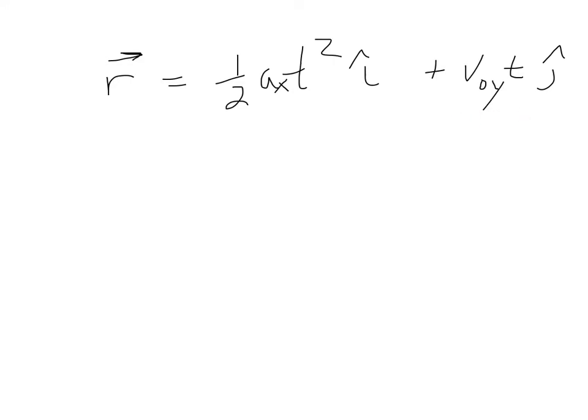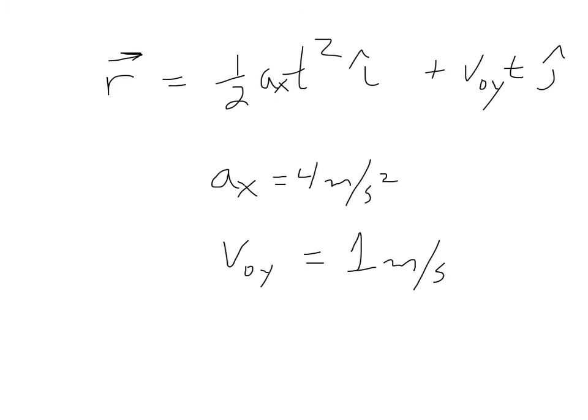In order to see what this motion might look like, let's add some numbers for the x acceleration and the y velocity. So let's say the object is moving with an x acceleration of 4 meters per second squared, but it's moving with a constant y velocity of 1 meter per second.